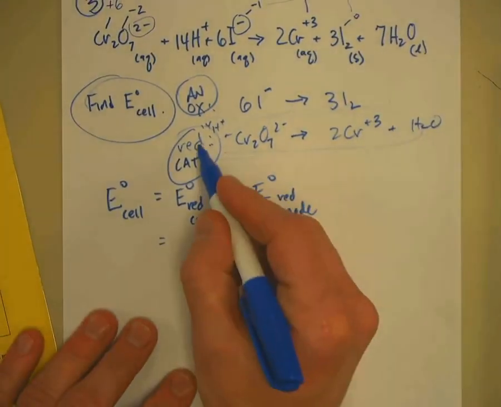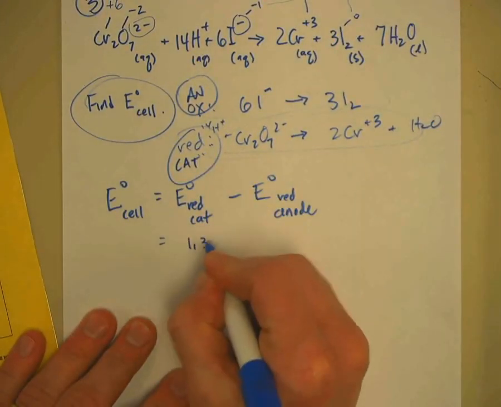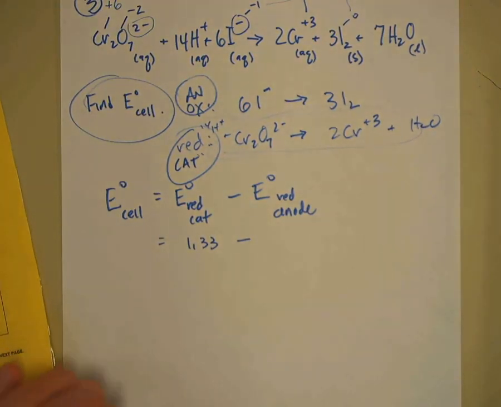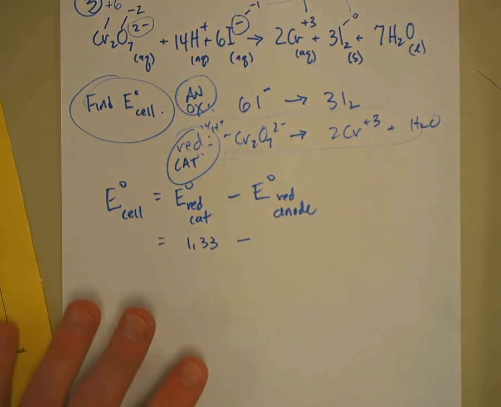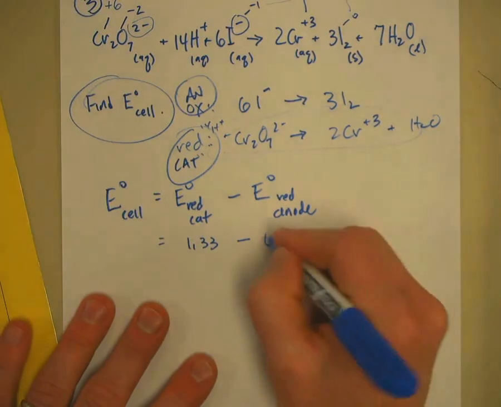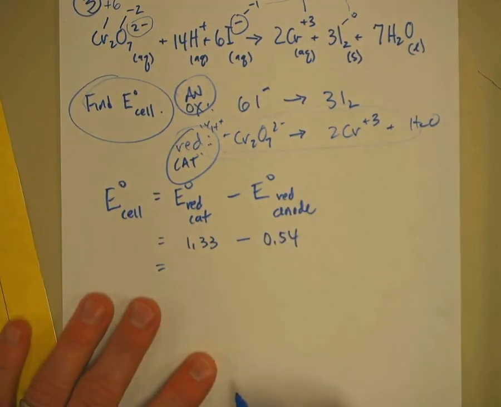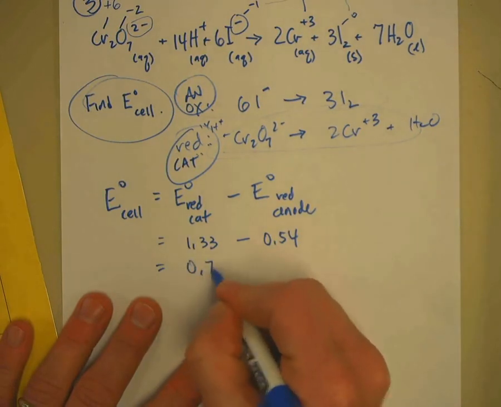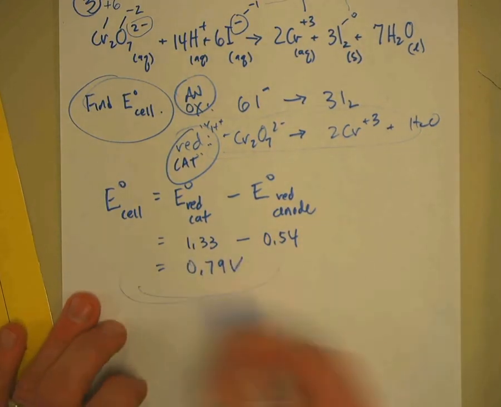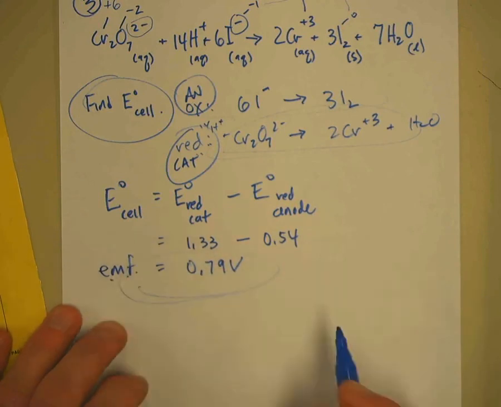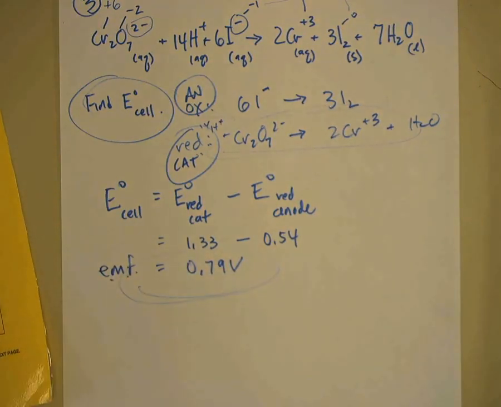So our cathode right here, 1.33 volts, minus the anode, which is the iodine one. That one is 0.54 volts, and find the difference between those two, and I end up with positive 0.79 volts for this cell. So the standard EMF, or the standard voltage of the cell, would be approximately 0.8 volts. Good luck on your EMF calculation.